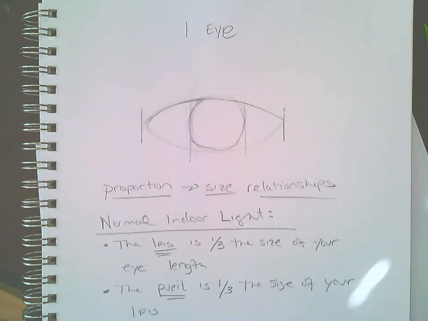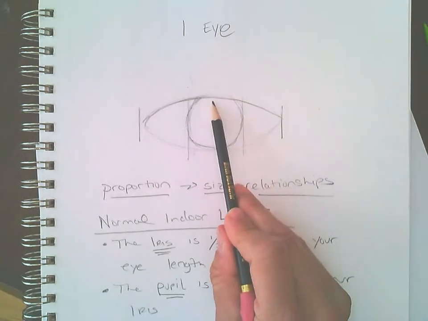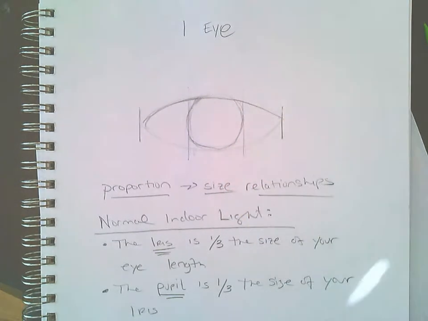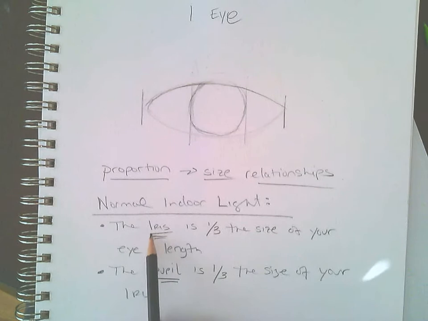You're going to see a relaxed eye. Part of that circle is going to be chopped off, but you want to draw it as if it's an entire circle so it makes sense. So the iris, the colored part, is 1/3 the size of your eye length.